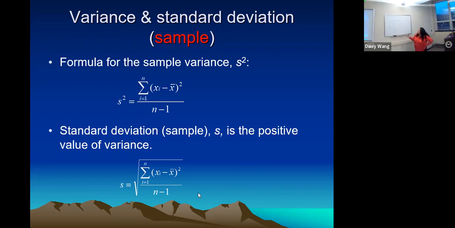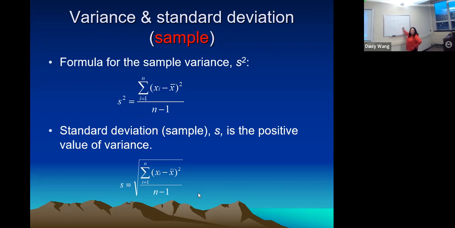Right? 1700 divided by, then we have to divide it by 4. So what is s squared? Divided by 4, 425.